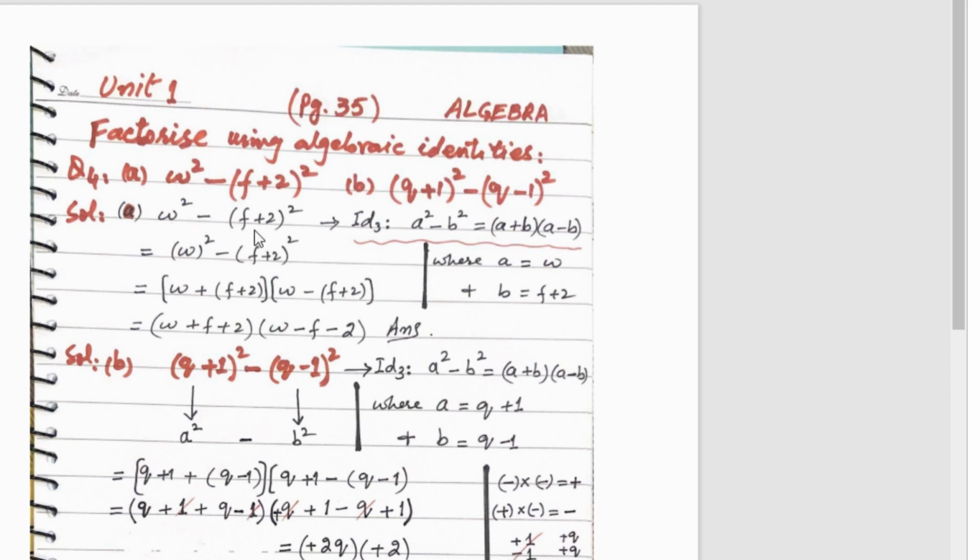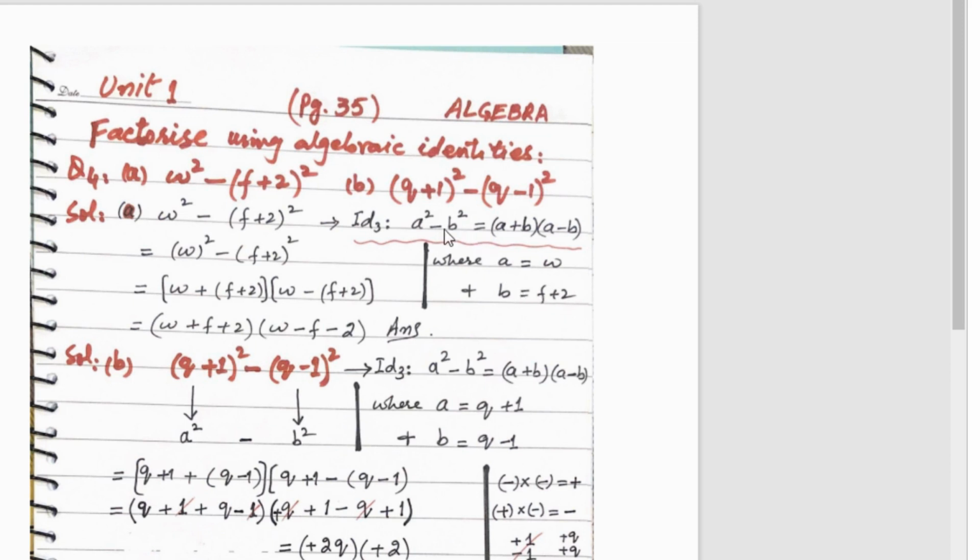Difference of two squares means this given quadratic expression resembles identity 3, whose left side a square minus b square is given to us, where a is replaced by w. Look at this in the rough column as well, here in the term as well. a is replaced by w and b is replaced by f plus 2. This is the only difference.